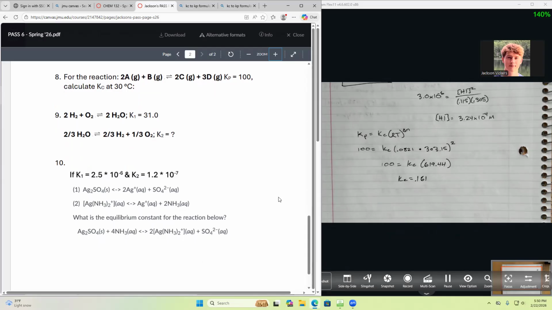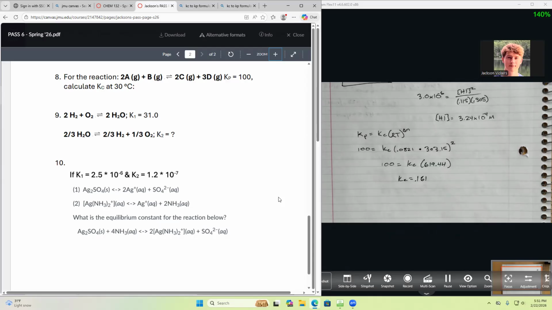All right, so this next part is what I was about to start talking about. This is where we have a K value and an equilibrium expression, and then we do something to it. We're either flipping the reactants and products, or multiplying or dividing the coefficients, and we want to find the new equilibrium constant.